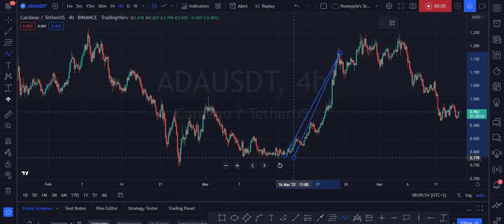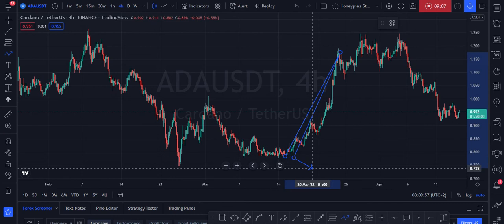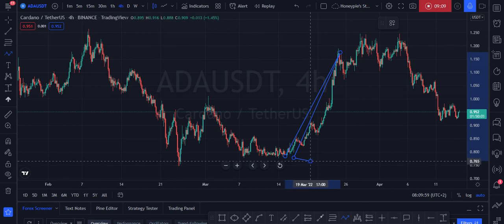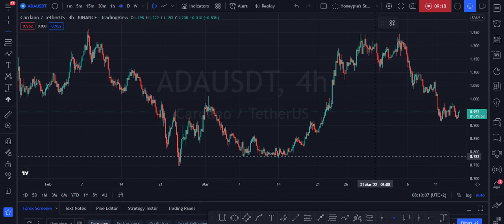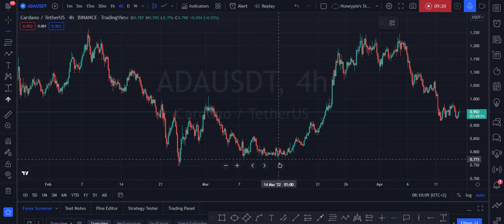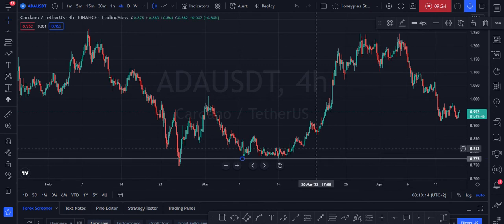So that being said alone, this point is already identified as a support. So you then take your horizontal line tool and place it at that zone where you found that price moved, and this place is now spotted as your support.